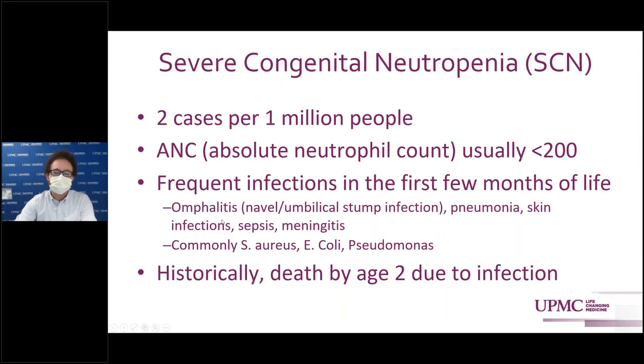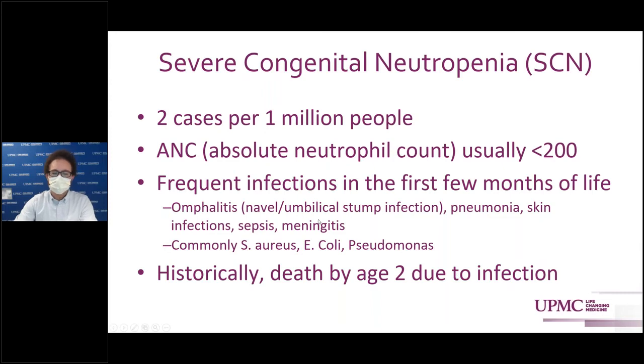These patients actually present with very frequent infections because, like I mentioned before, the white blood cells are the infection-fighting cells. So if you're not having those or they're not functioning as well, then you're at increased risk of infections earlier on, since these kids aren't producing them from the get-go.